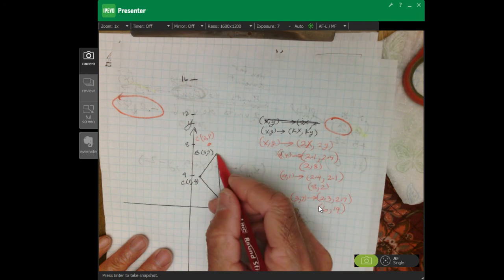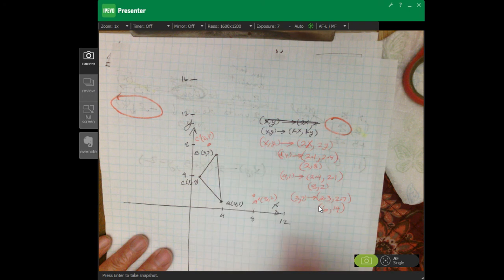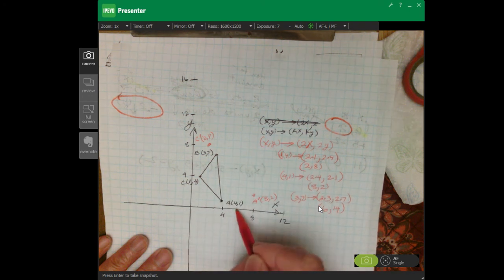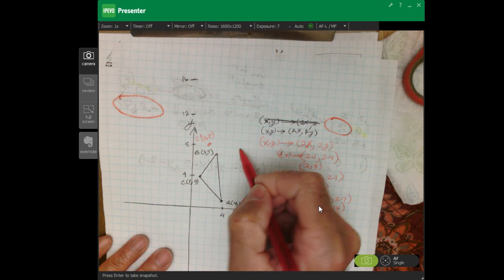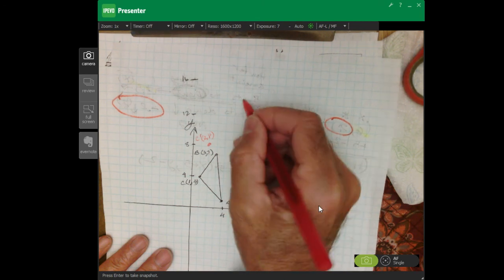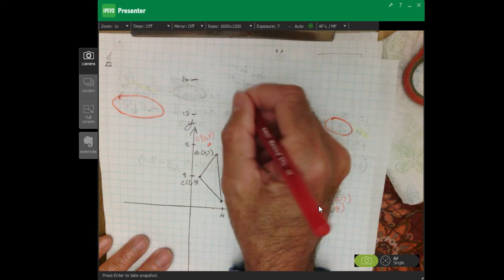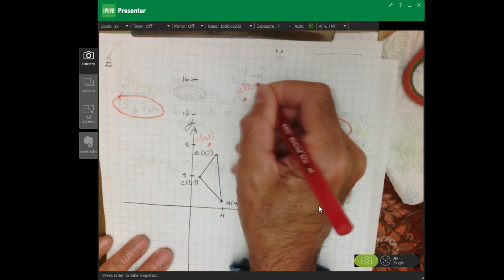And so this point right here, which is B, will turn into B prime, which is 6, 14. So 4, 5, 6, and up 14. So there's 4, 8, 12, 13, 14. So that should be B prime, 6, 14.